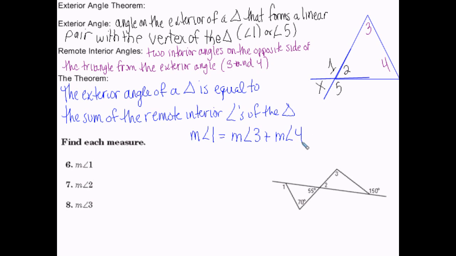So if you take the two inside angles and you add them together, you get the outside angle.